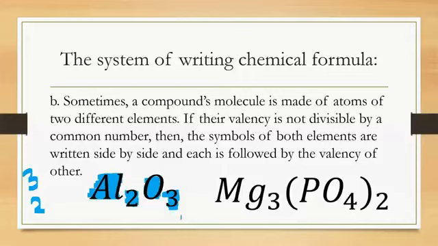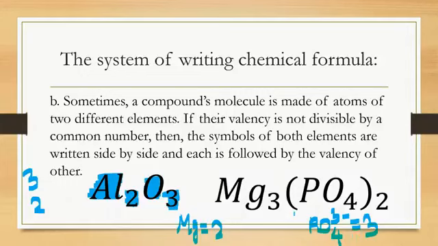Similarly, the valency of magnesium is 2 and the valency of phosphate, PO4 3-, is 3.